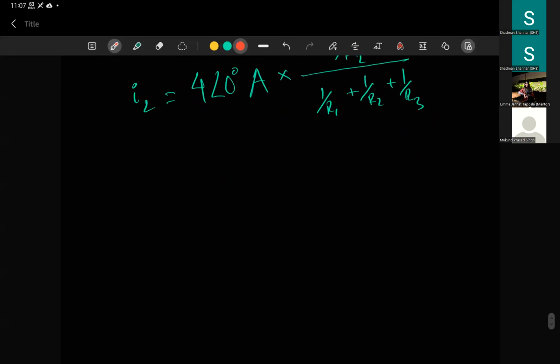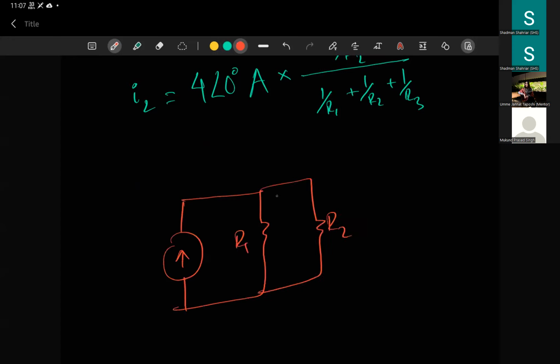If you have a current source, I think you have learned that, say, for example, we want to figure out I2. The current is, say, I. What we write is I2 equals I times the opposite resistor, R1, over all resistors added up, whatever current you are trying to find. This is the formula you have learned.